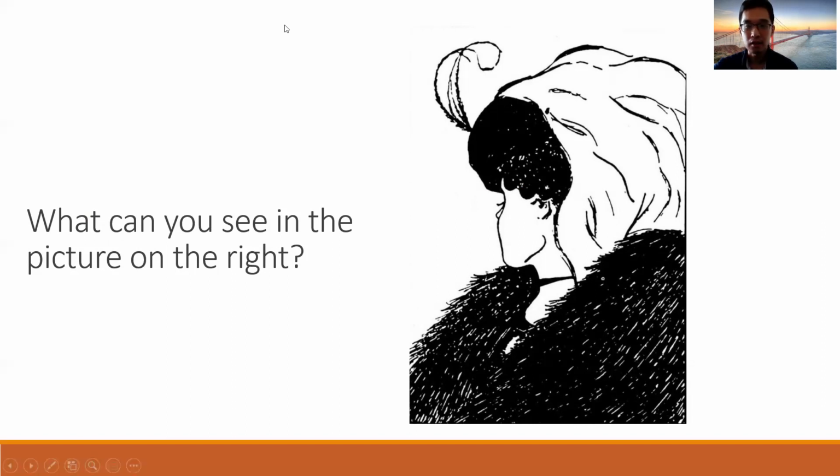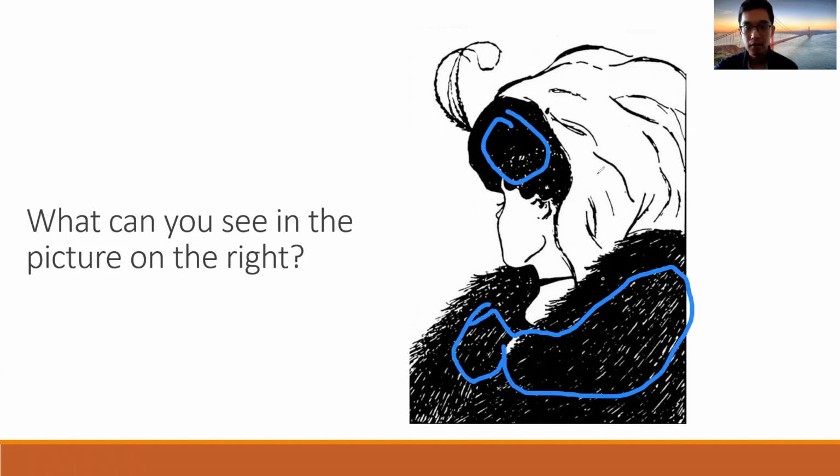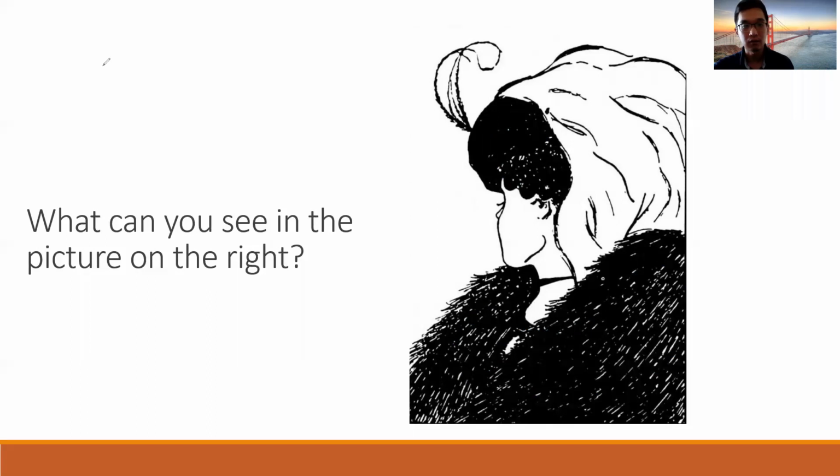So let's look at this picture. We can see that there's some black color here, right? Some white color, some black lines. But what is it? There are two options actually. One option is that in this picture there is a young lady.